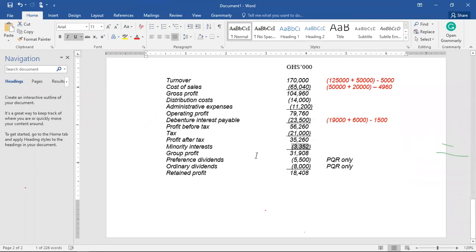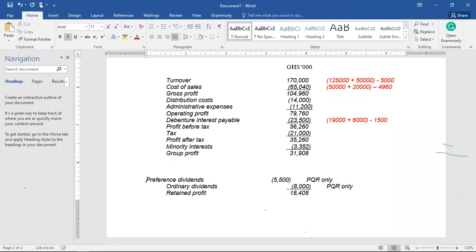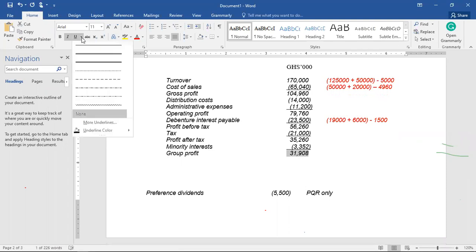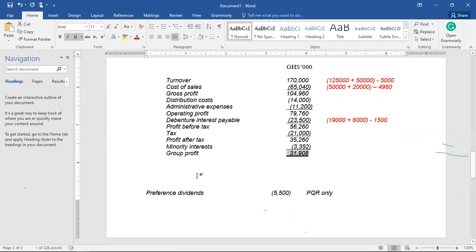Then you get your group profits. That is the very first step. So this ends my consolidated profit and loss account.